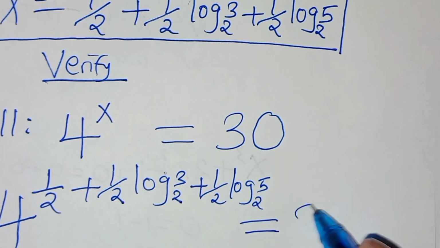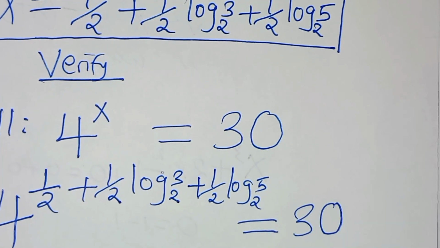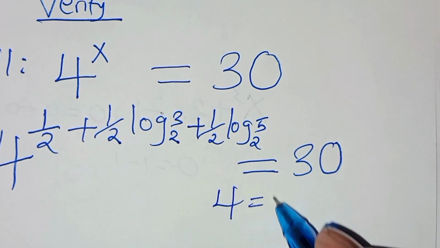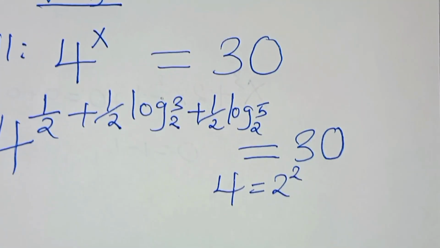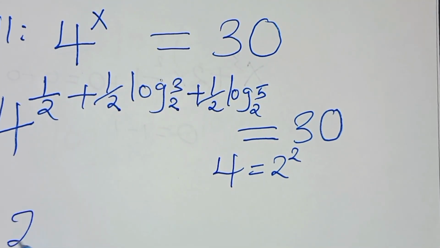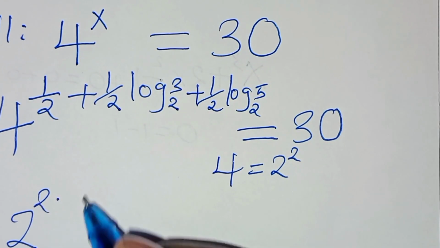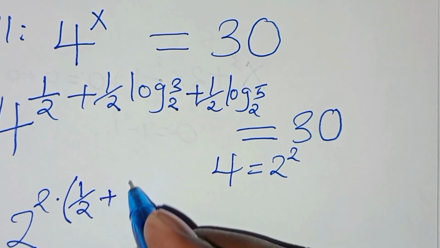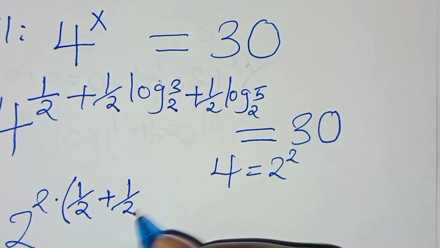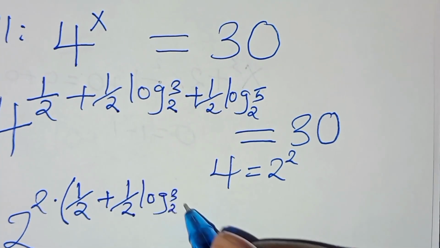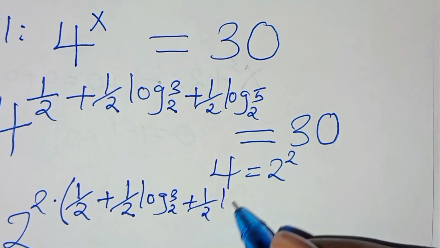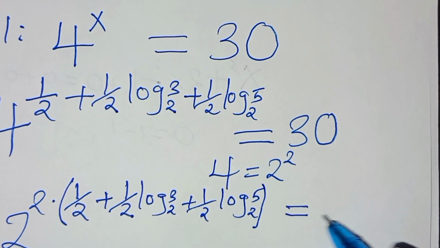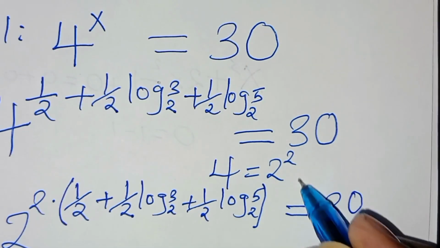They should give us a value of 30. The next step is to express 4 as 2 to power 2. So essentially we'll have 2 to power 2 times a half plus a half log 3 to base 2, plus a half log 5 to base 2. This is supposed to give us a value of 30.